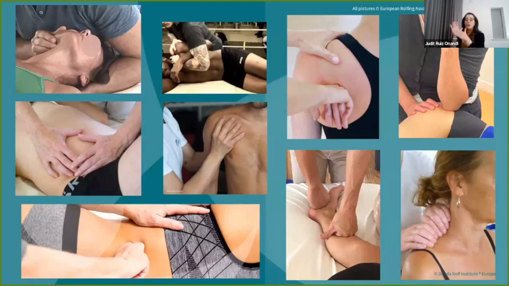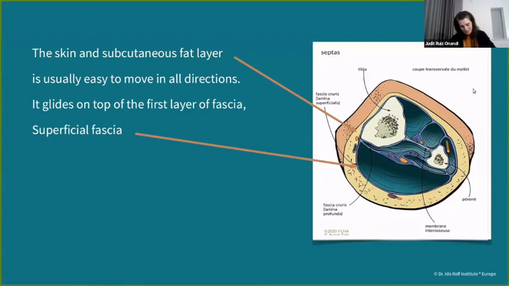We can use our whole palm, we can use our finger pads, the knuckles, one hand supporting the segment and another hand working, or both hands working at the same time.